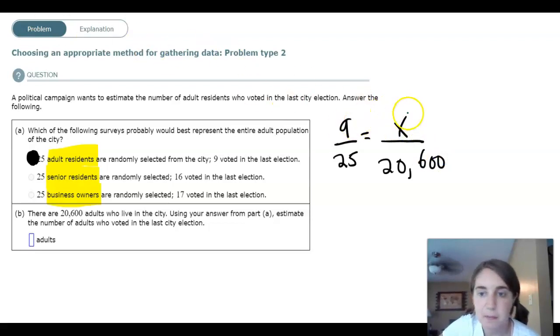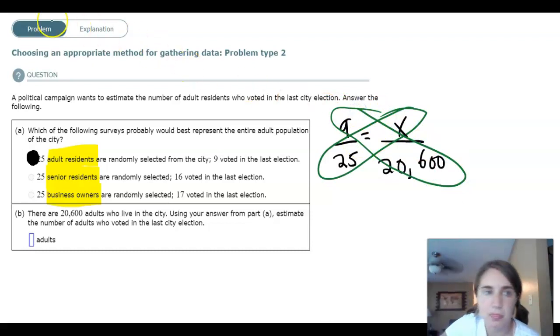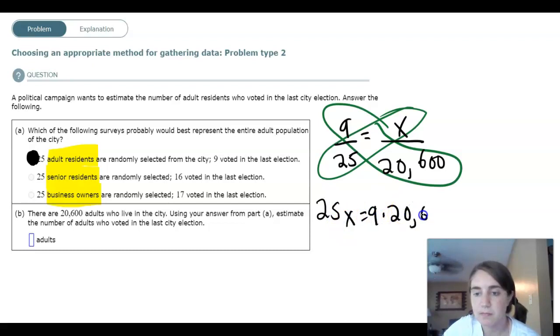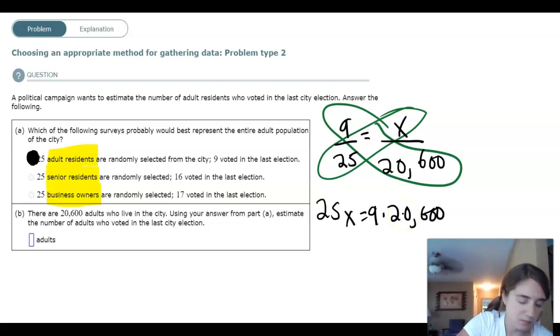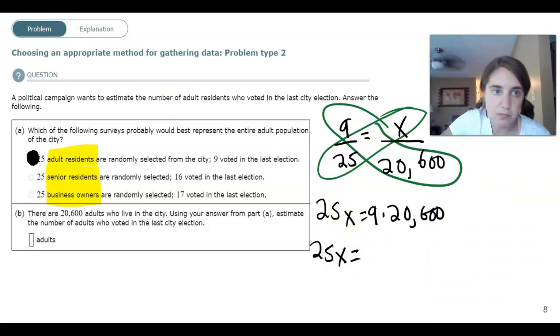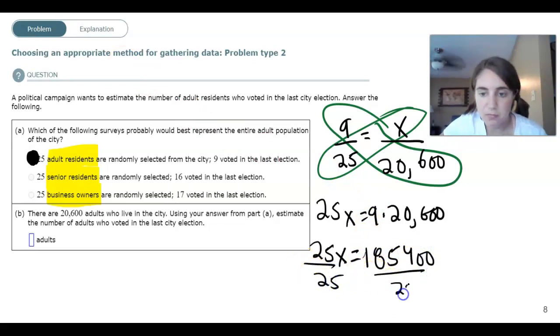So I would solve for X. So we would have 7,416 adults.